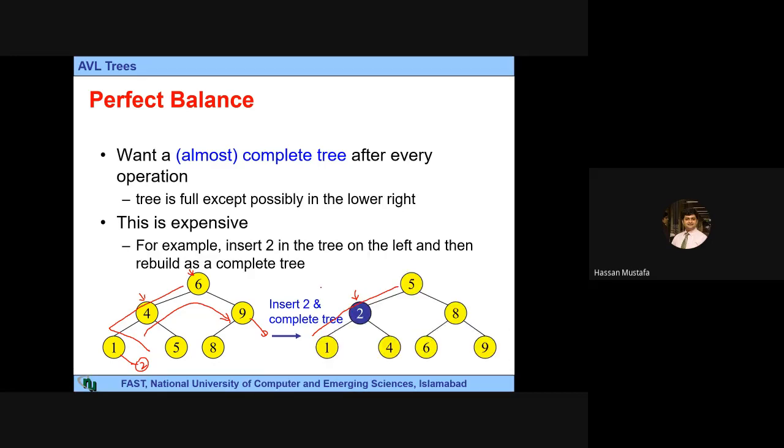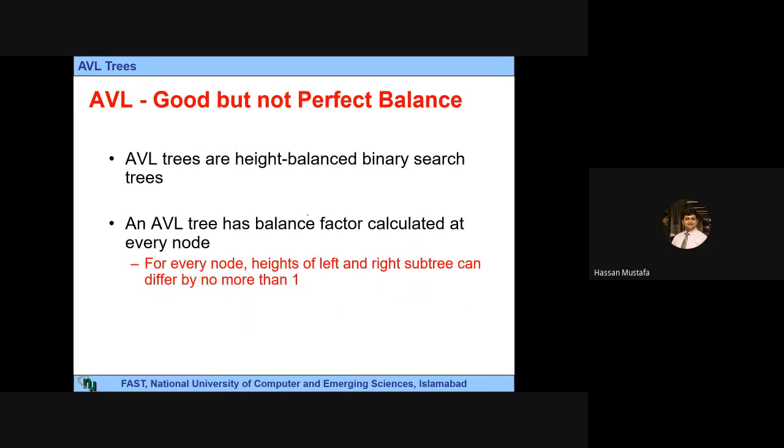Okay, so moving on. What exactly is an AVL tree? An AVL tree is good, but it's not a perfectly balanced tree, because a perfect balance means that all the branches are of equal length.